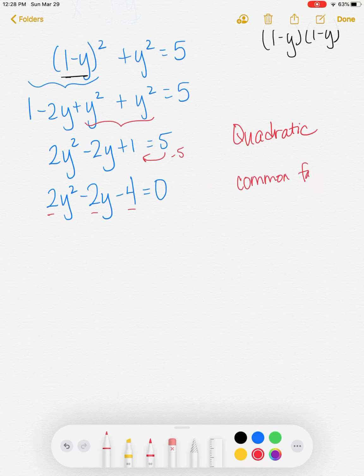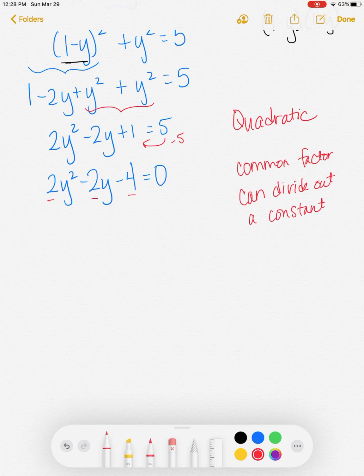Common factor. And if you remember, I told you you can divide out a constant. If we were in class, I'd ask you, why can I not divide out a variable?